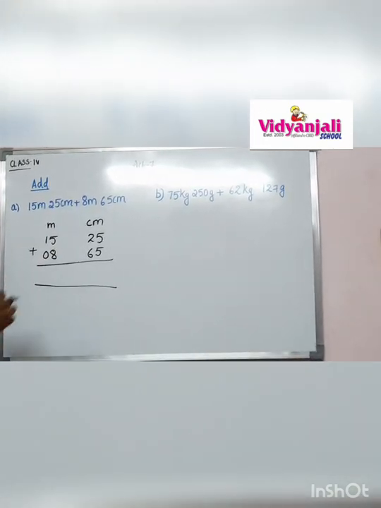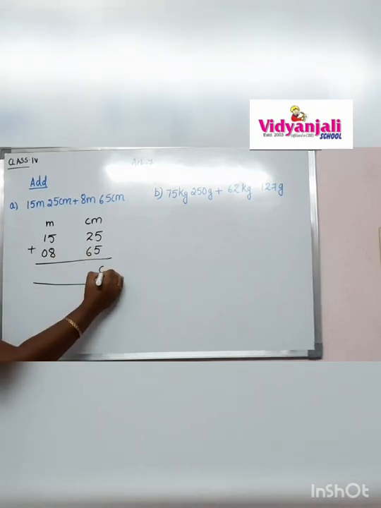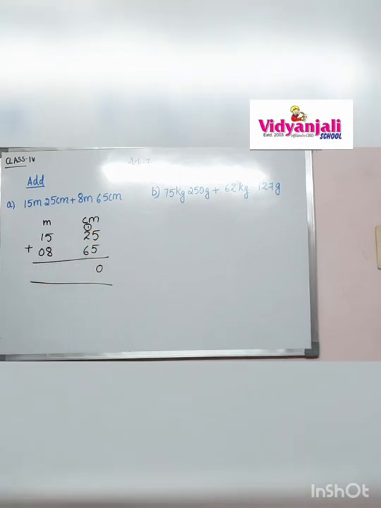Here they asked us to do the addition, so let us do that. 5 plus 5 is 10, so 0 here and 1 carried forward. 1 plus 2 is 3. 3 plus 6 is 9, so we write 9 here.